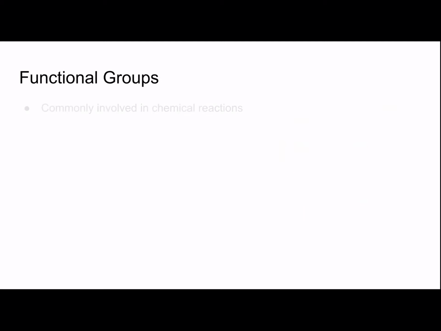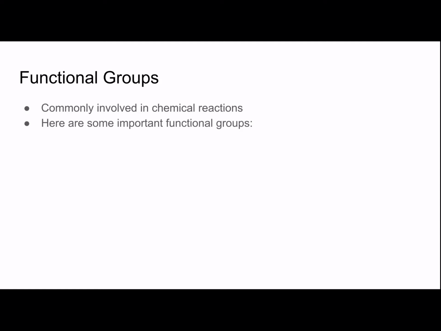So now let's talk about functional groups really quickly. These are very commonly involved in chemical reactions, and there are some important ones that you should know, including hydroxyl, which is oxygen connected to a hydrogen, and then R just stands for like variable group, which will change. But the O and H is the hydroxyl.